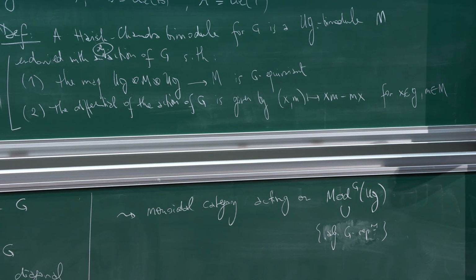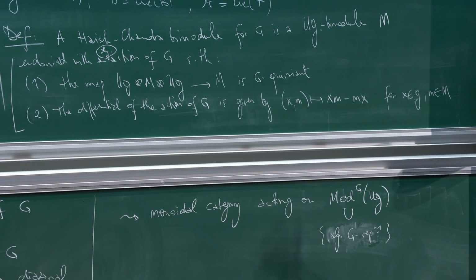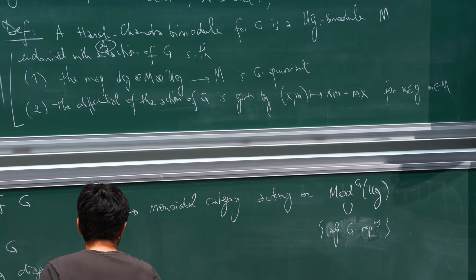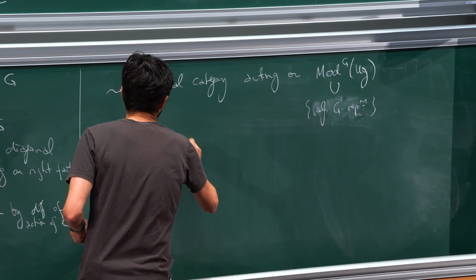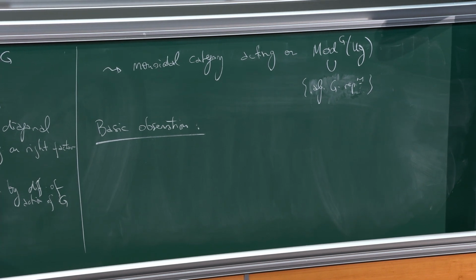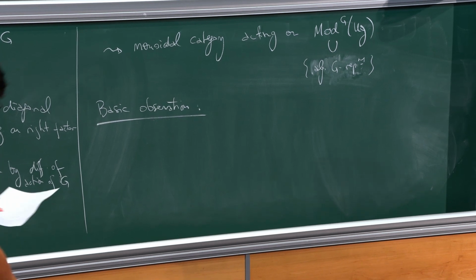But before that, I want to explain some variation on this definition, which is in fact more interesting. For that, I need to say a few things more about these bimodules. The first thing has to do with the action of the center.